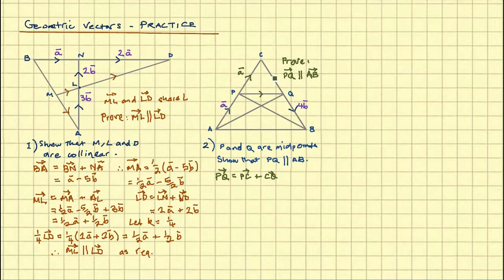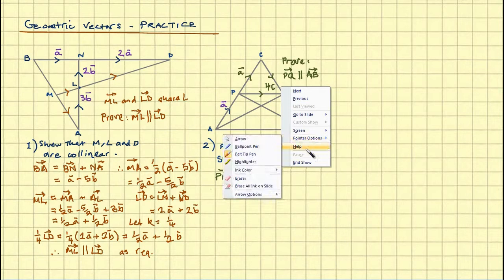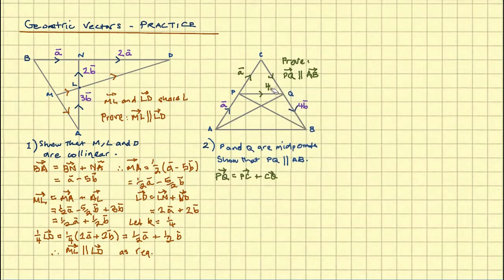And if we go from C to Q, well, we've got 4b, because CQ is equal to QB. So 4b, not 4c, 4b. Okay, like that.